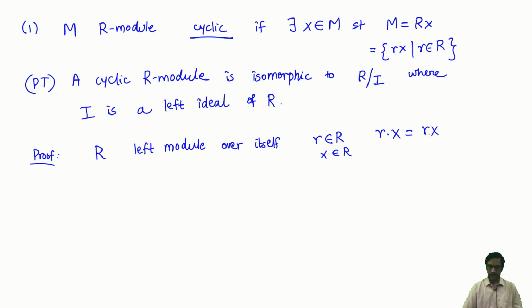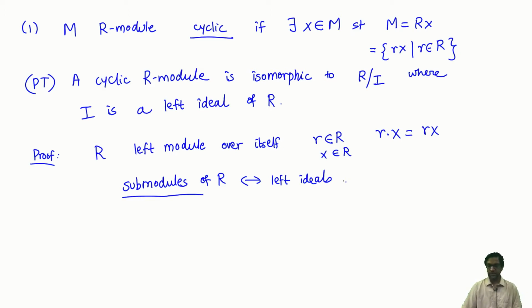So R is a left module over itself, and what are the submodules for this module? They are exactly what we call the left ideals. Left ideals just mean they are an additive subgroup, and if you multiply them on the left by any element of the ring, it still belongs to the same left ideal.